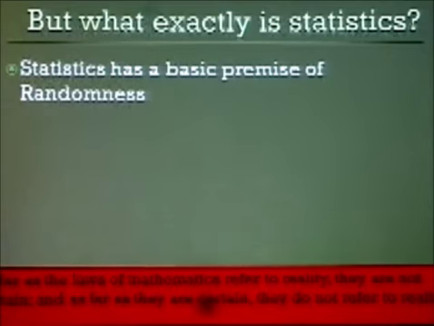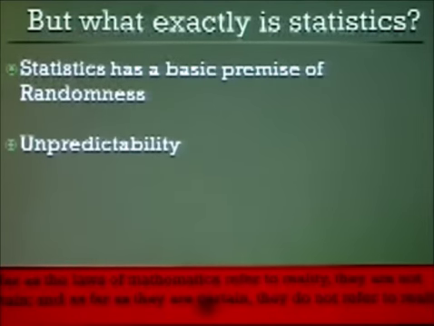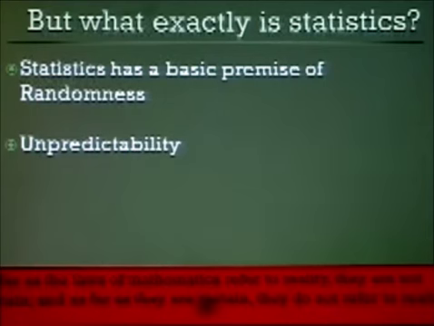Statistics has a basic premise in randomness. Okay? It says that the basic assumption in all statistics is that everything is unpredictable. So if you believe in something like, say, destiny, then statistics is not that. Statistics does not believe in destiny. It believes in free will, if you can put it in that way.